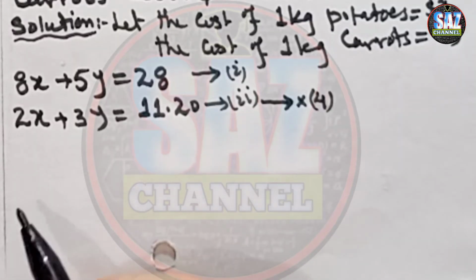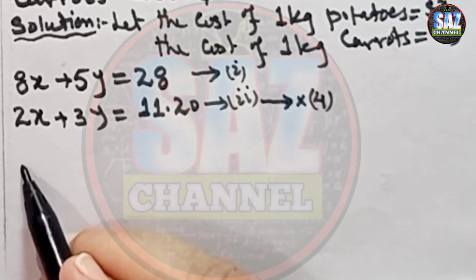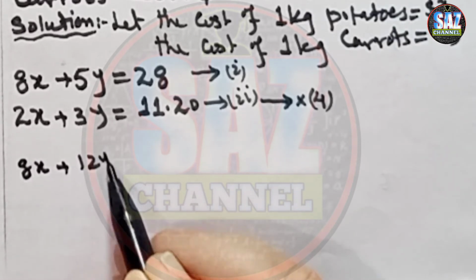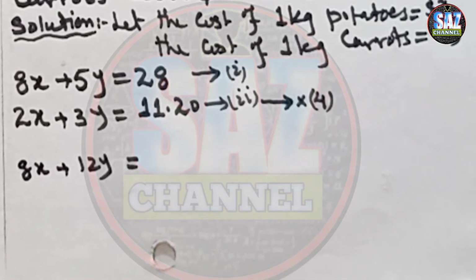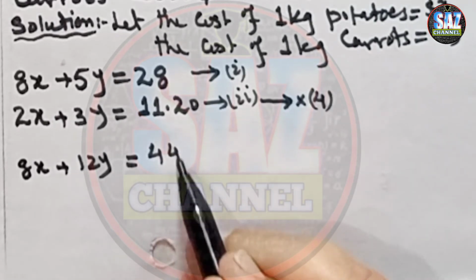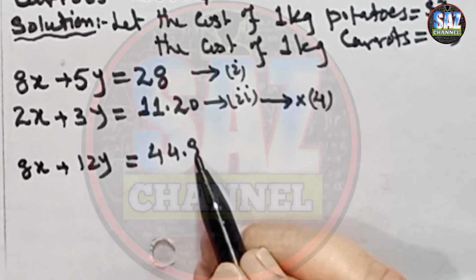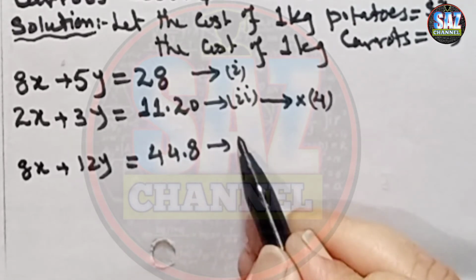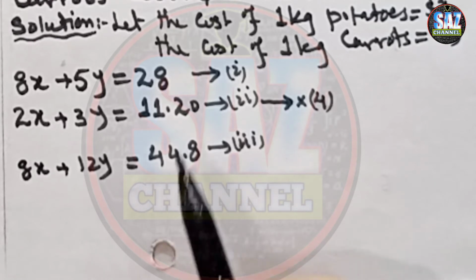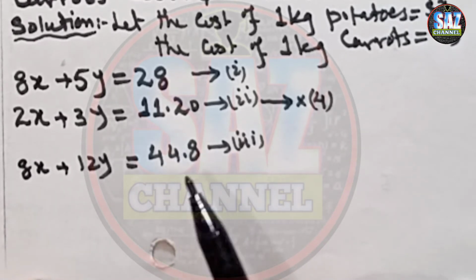Equation 2 will take the form 8x plus 12y equals 11.2 multiplied by 4, and that will give me 44.8. Now this is the new equation, and I have to solve equation 1 and 3 together.